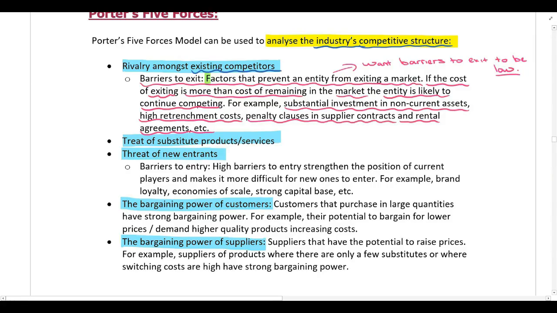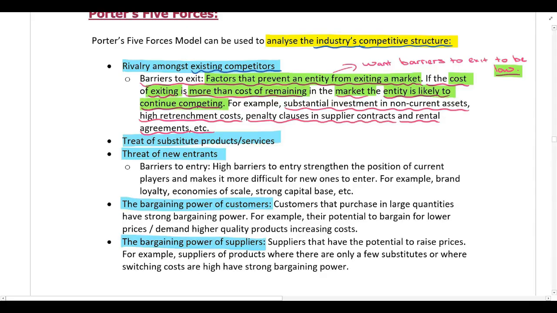These are all factors that would prevent an entity from exiting the market, because you can see the cost of exiting is more than the cost of remaining in the market. So they are likely to continue competing with you. And we don't want that. We want low barriers to exit, so that if things start going wrong, the competition rather leaves the market and we then don't need to compete with them anymore.